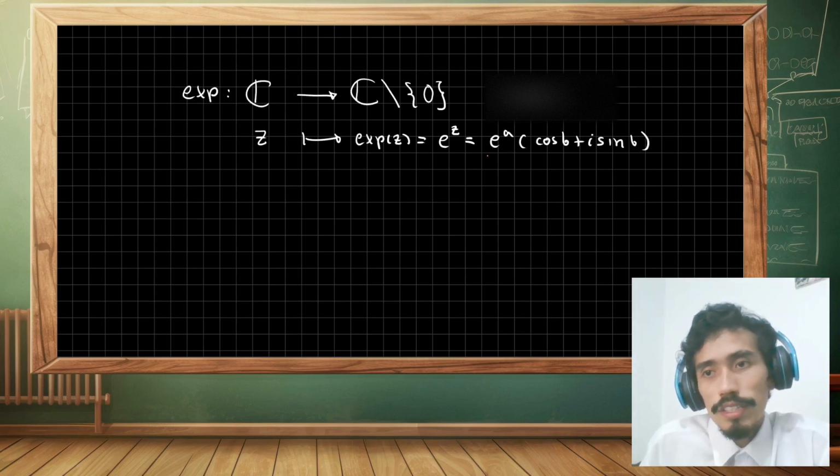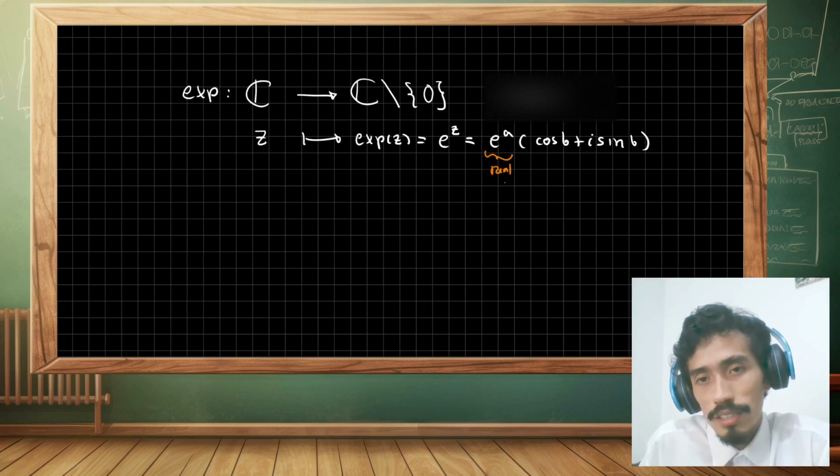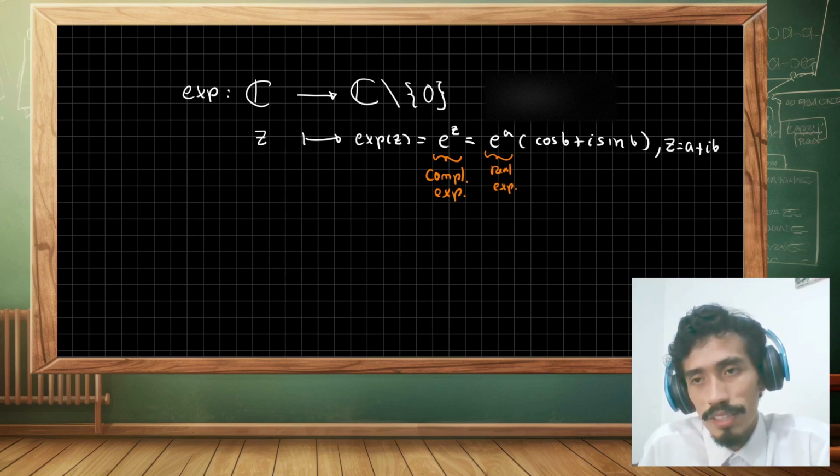So this is not being circular. This is the real exponential function, and this is the complex exponential. So there is no circular reasoning here, and this is of course since zeta is a plus iv. Now this makes sense.